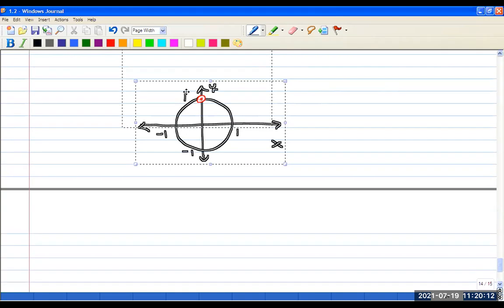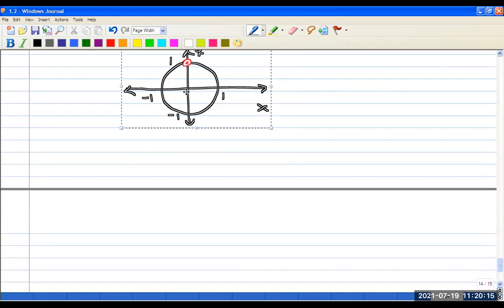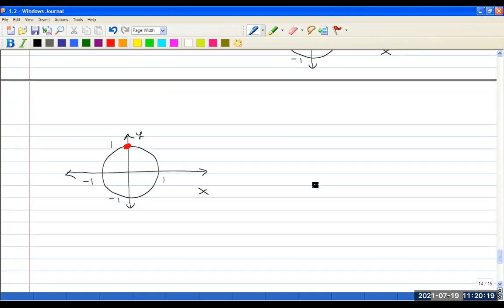Okay. So I don't want to be here. Somehow I don't want to land where I'm at the very top.